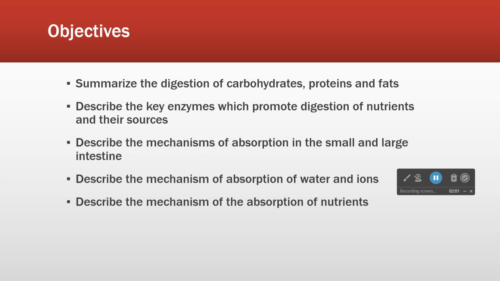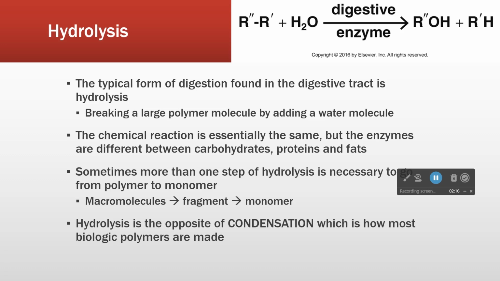What nature makes are these big, elaborate, complex molecules. What we need for our own metabolism is small building block molecules, right? So we make that digestion happen by breaking things down. All right, so the most common kind of digestion chemistry that we see is a hydrolysis. This should sound familiar, maybe not, because Gen Chem was a long time ago, right?